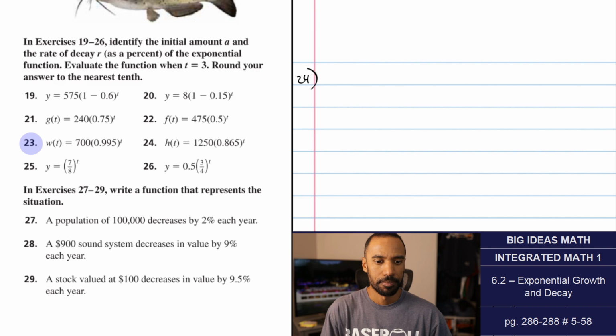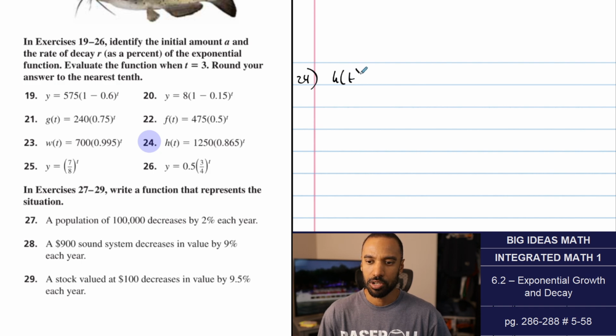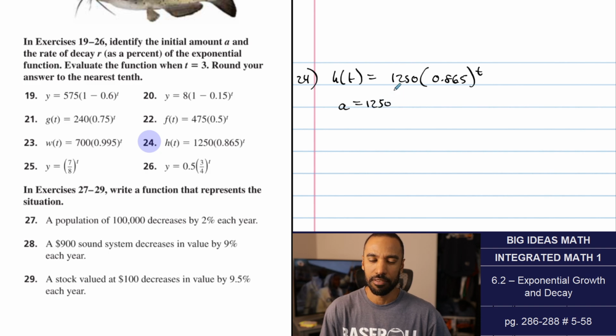Number 24. I guess these are the ones where we deal in decimal forms of percentages. So H of t equals 1250 times 0.865 to the t power. So A is 1250. At this point, instead of thinking too conventionally, you can go more toward the calculator on these ones.